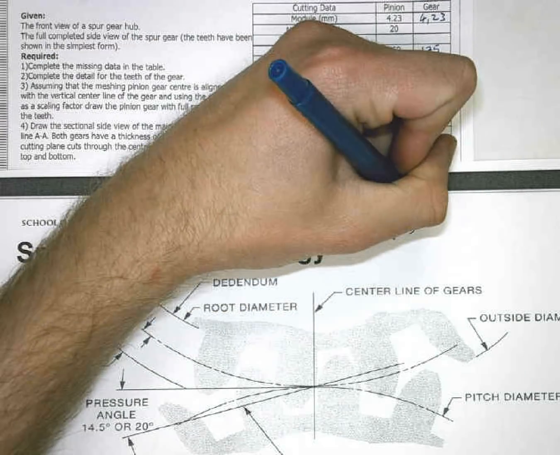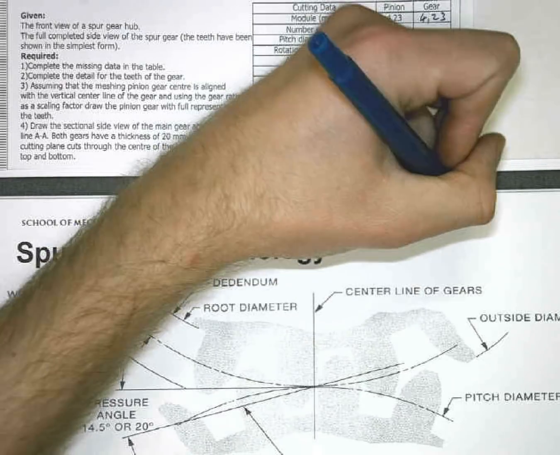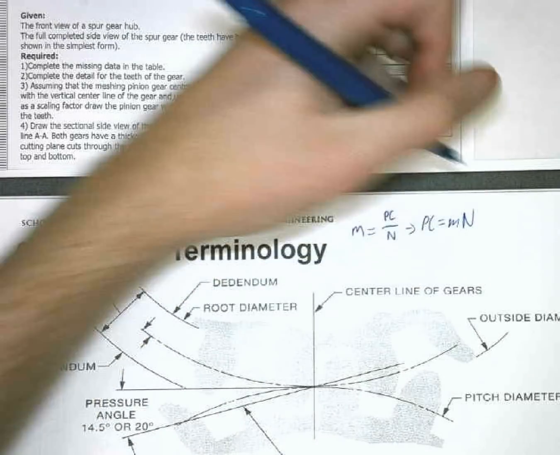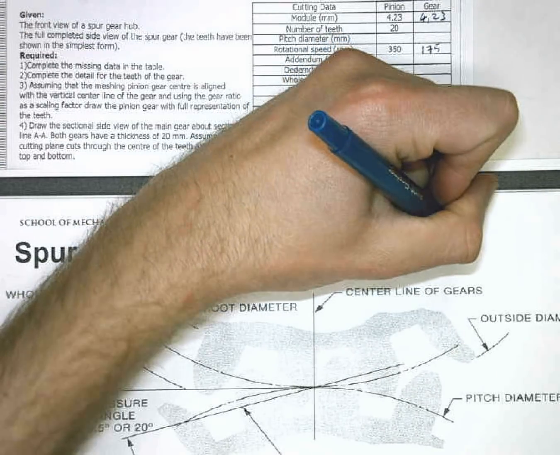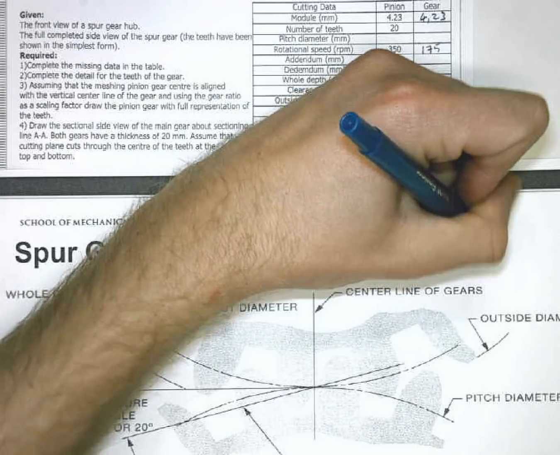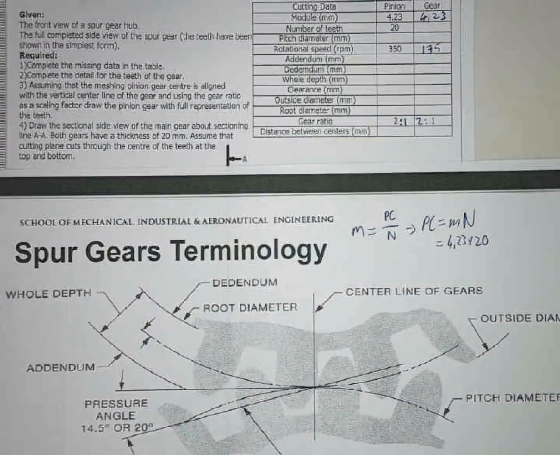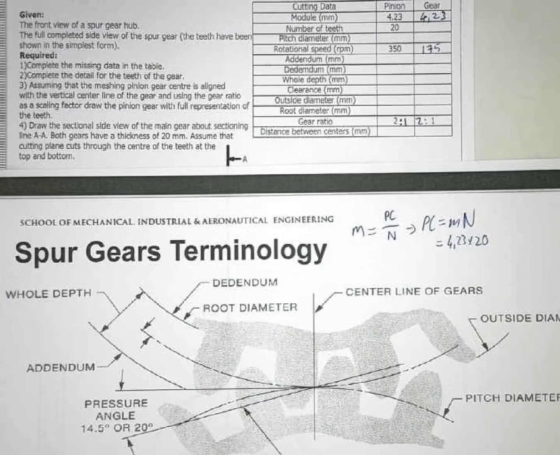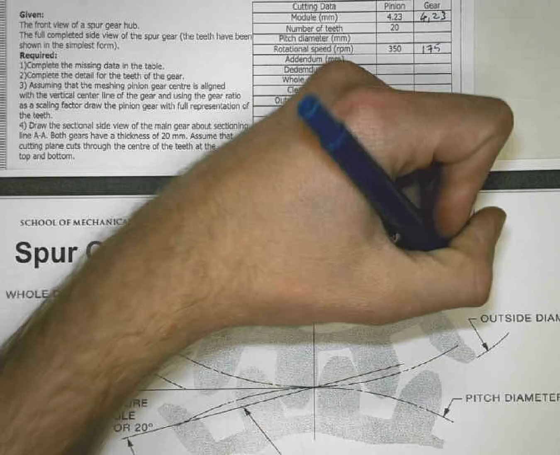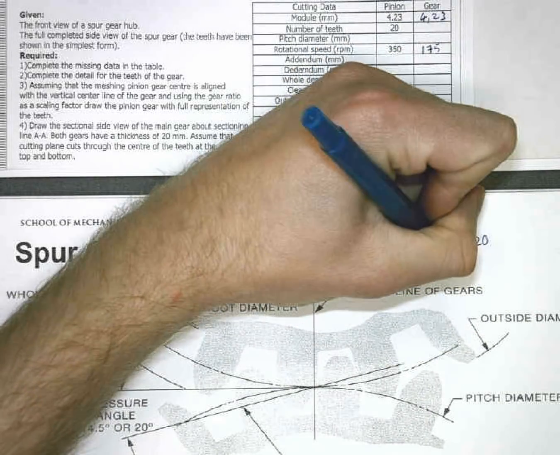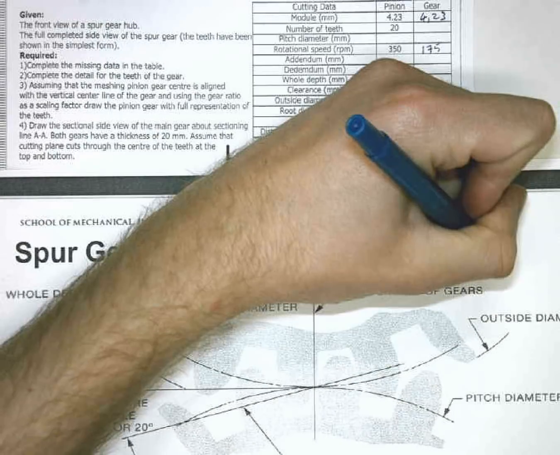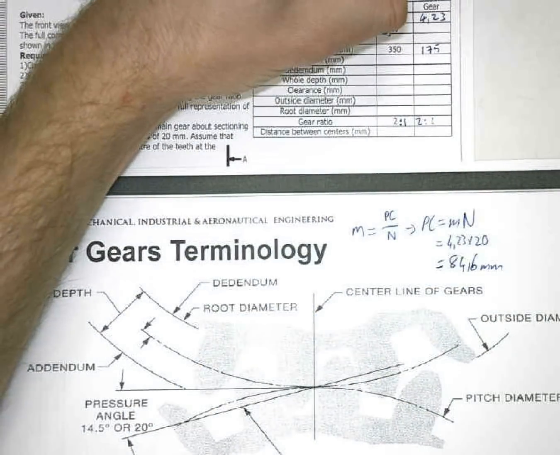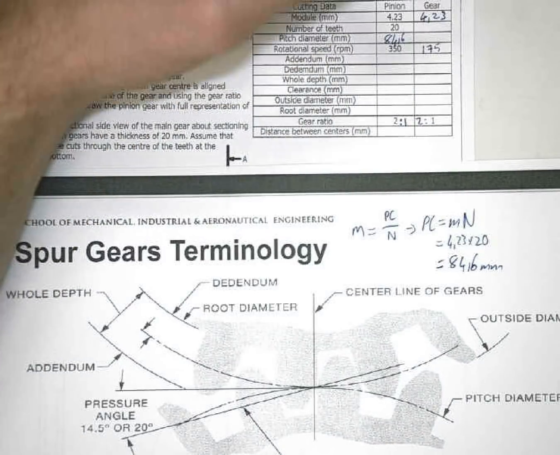So we can, from this, work out that our pitch circle diameter is equal to our module times our number of teeth, and that's going to be 4.23 times 20 teeth. That will give us a pitch circle diameter of 84.6 millimeters. We can fill that in the table as 84.6.